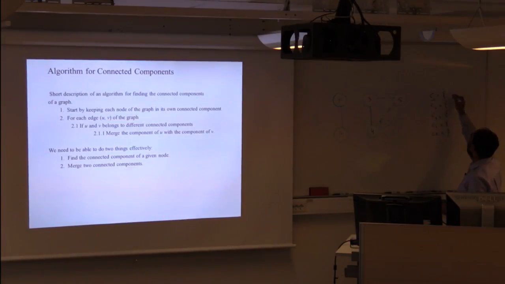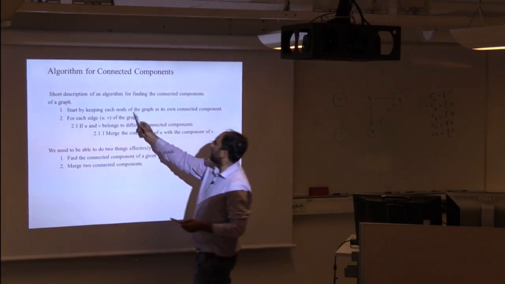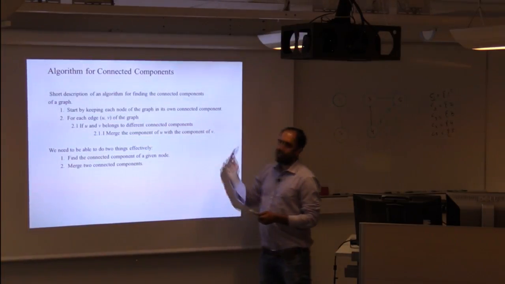So C1 is for the node 1. So far in the beginning it has only 1 inside, and then C2 will have only 2, C3 will have only 3. So start by keeping each node of the graph in its own connected component.